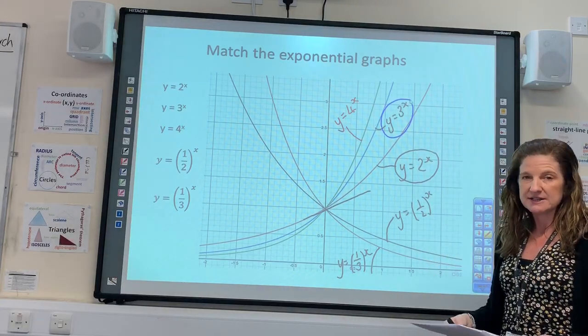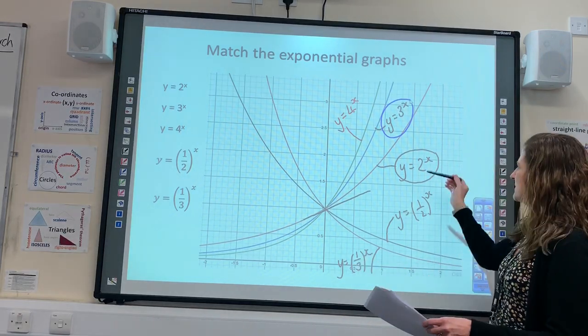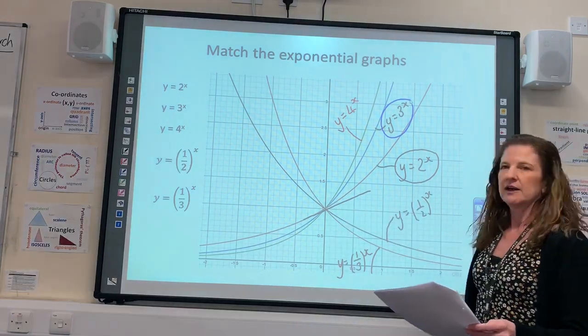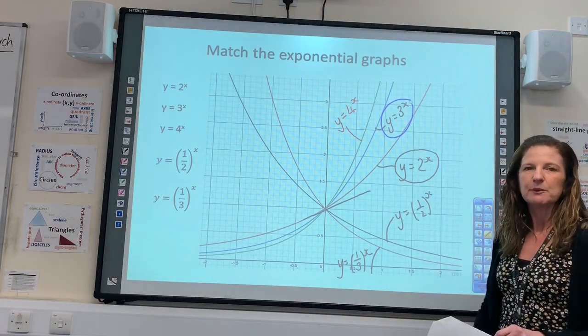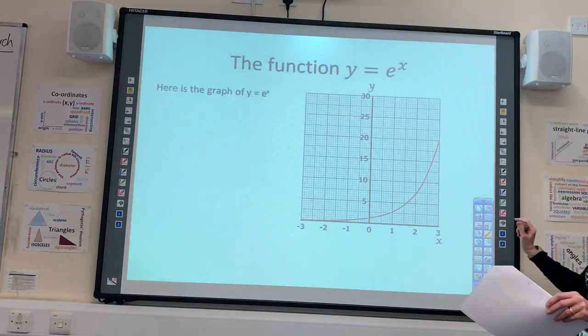So that implies there will be a value somewhere between these 2 where the gradient of the graph when x is 0 is exactly 1. And that's basically your letter e, or the value e.